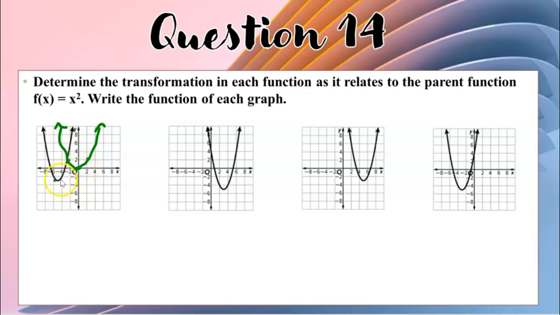So the vertex here is at negative 5, negative 3. Since it's at negative 5, negative 3, I'm just going to label this one as g of x equaling x plus 5 squared minus 3. So I just put the coordinates of my vertex in there.